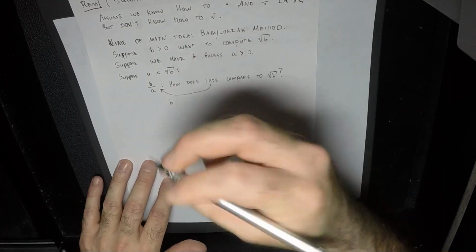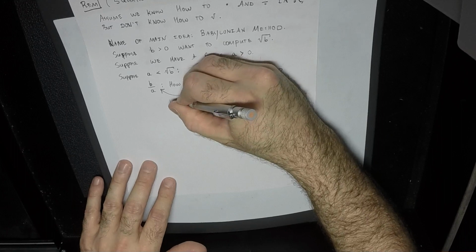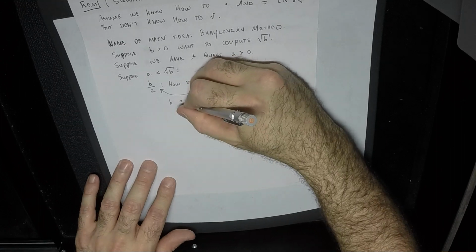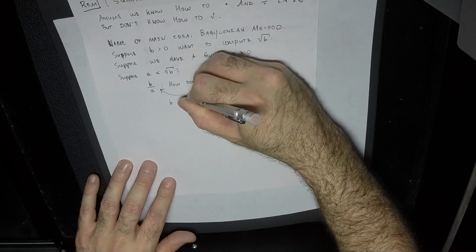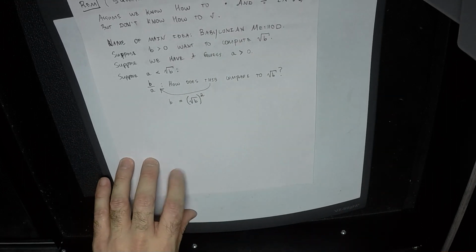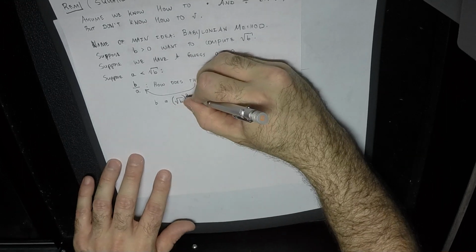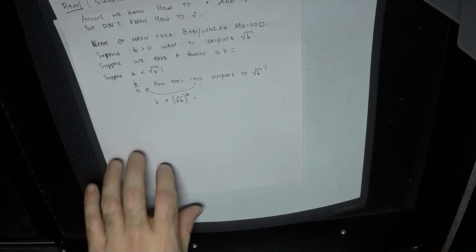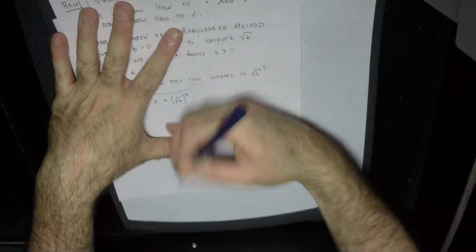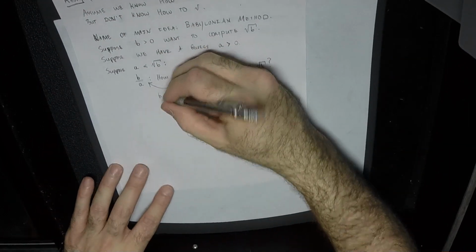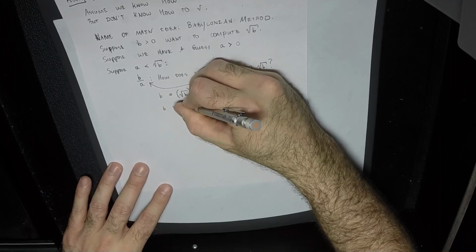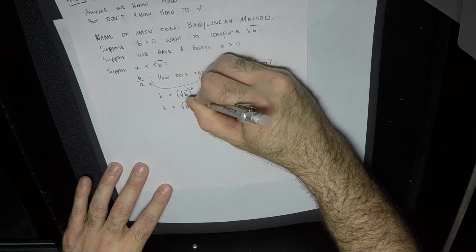So b, in the first place, we know, even though we don't know the value of the square root of b, that b is equal to the square root of b squared, right? Which means that b is equal to the square root of b multiplied by the square root of b.